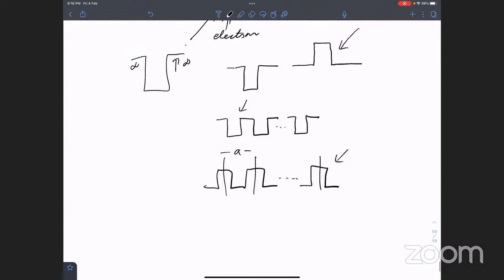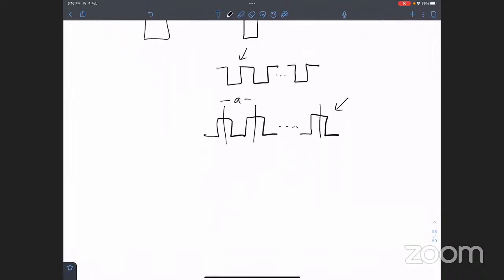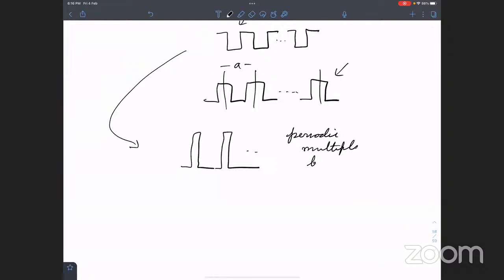So after doing this, traditionally quantum mechanics goes into solving the problem of multiple barriers, but in a periodic arrangement. This is where we go next.